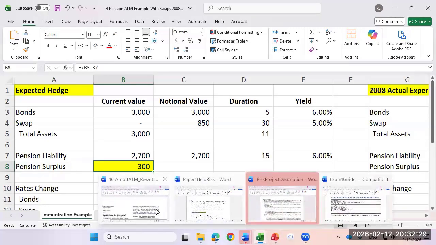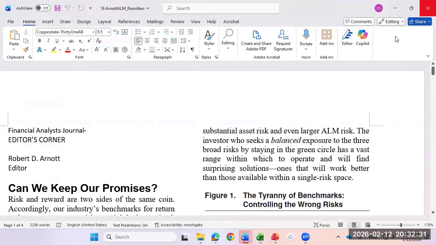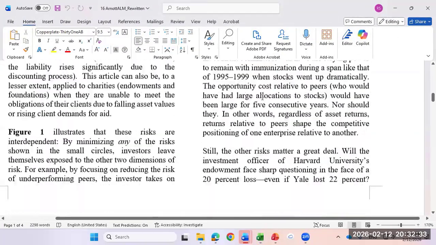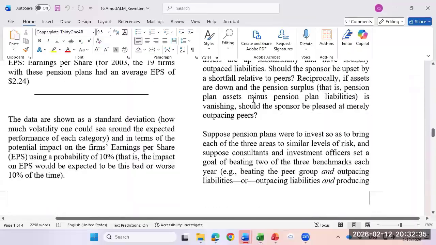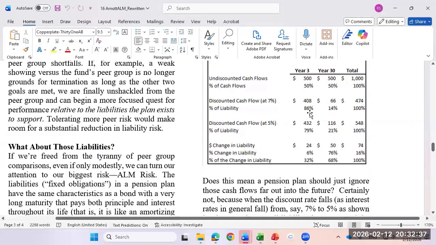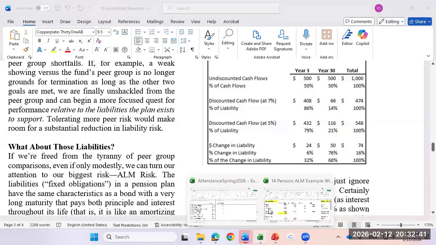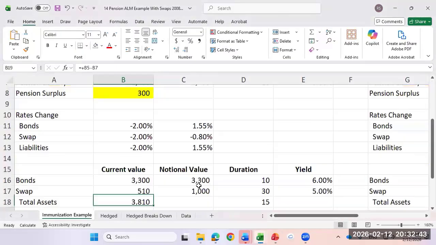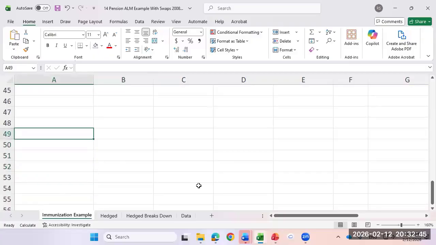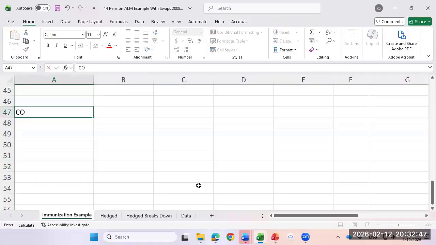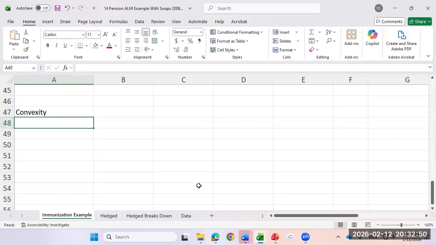All right. We covered the Arnott article pretty well. I'm challenging you to be able to do this table off the top of your head. Let me just show you the convexity side.